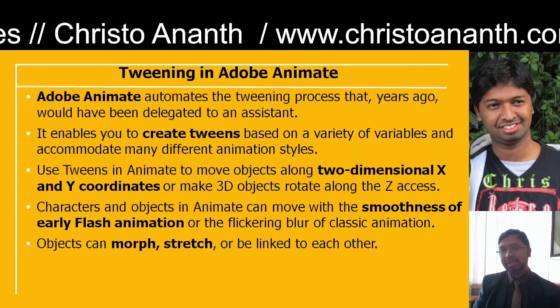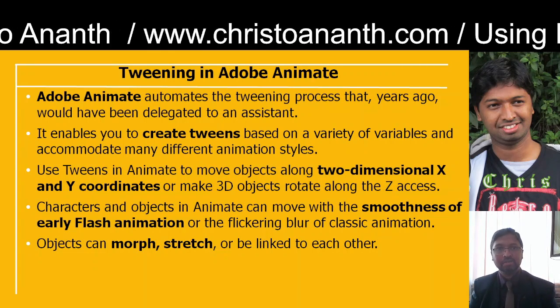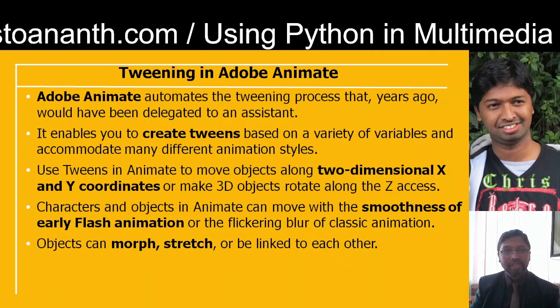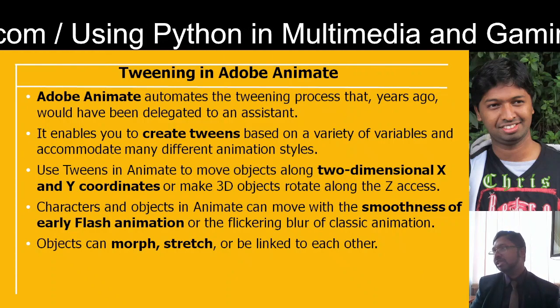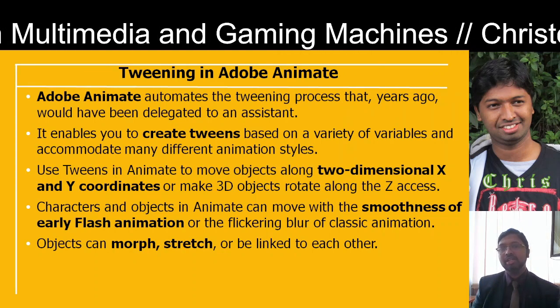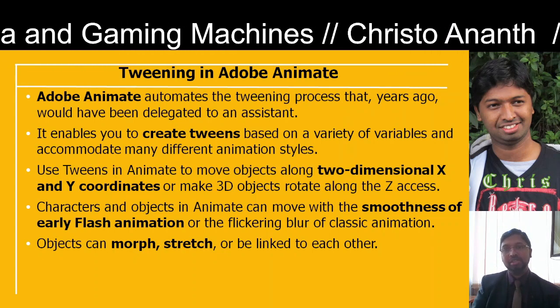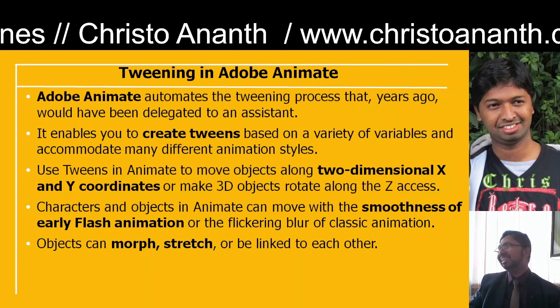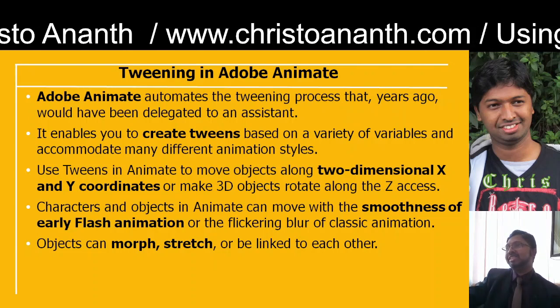In Adobe Animate, you can actually automate the tweening process, okay? So you can create tweens based on a variety of variables, and of course you can accommodate several animation styles. You can use tweens in Animate to move objects along the 2D X coordinate as well as the 2D Y coordinate, or you can make a 3D object rotate along the Z axis and so on.